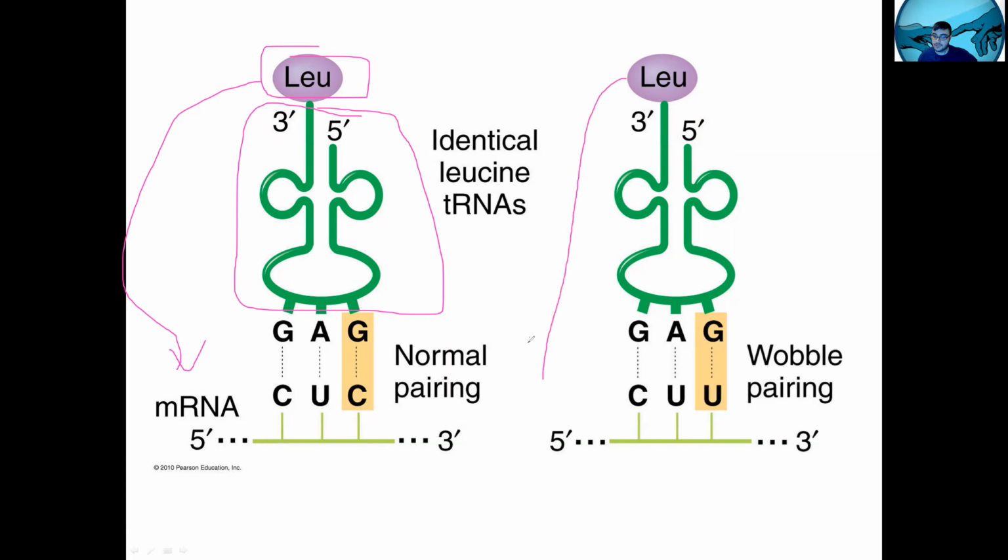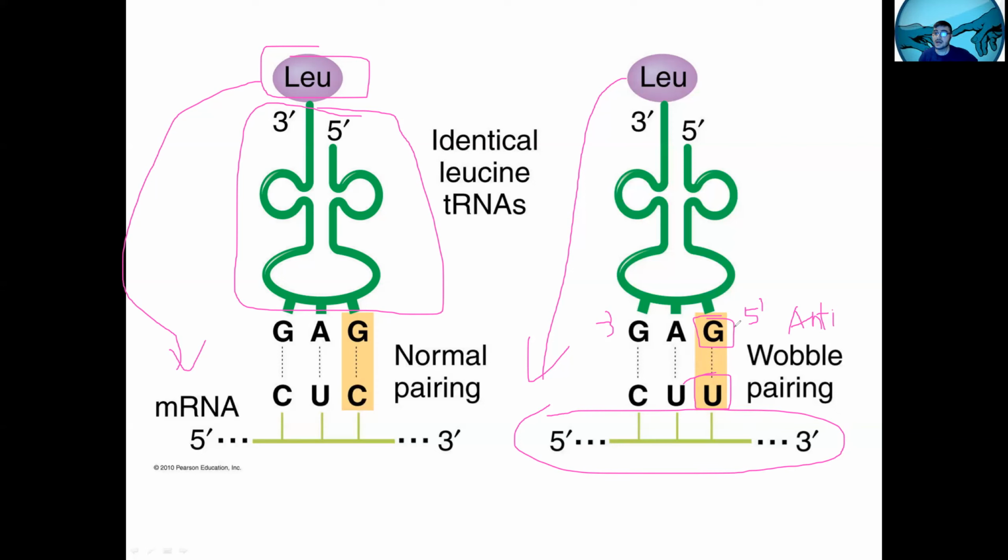Still, take this leucine, put it here, put it on the chain, even though it's not a perfect pair. This only works on the 3' end of the codon of the mRNA, or the 5' end of the anticodon. Remember, this is 5' to 3'. So 5' of the anticodon or 3' of the codon for Wobble pairing. Only this.